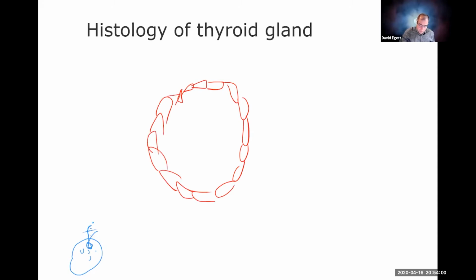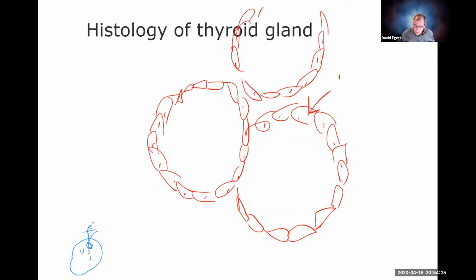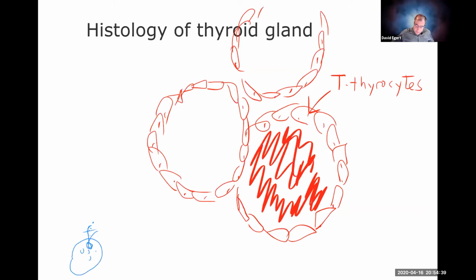So we have these cells, and they make these kind of big bubbles. These cells are called thyrocytes. These are the things that are making the thyroid hormone, but it gets stored inside these big things called follicles.